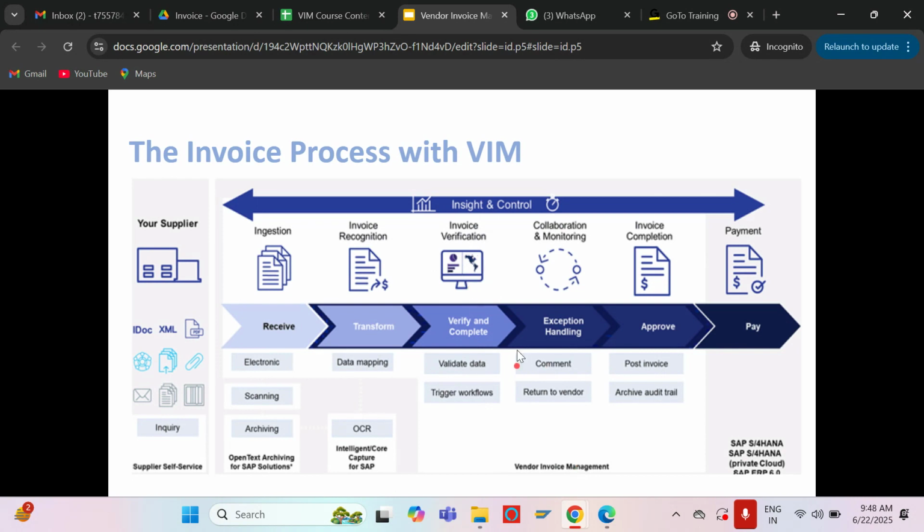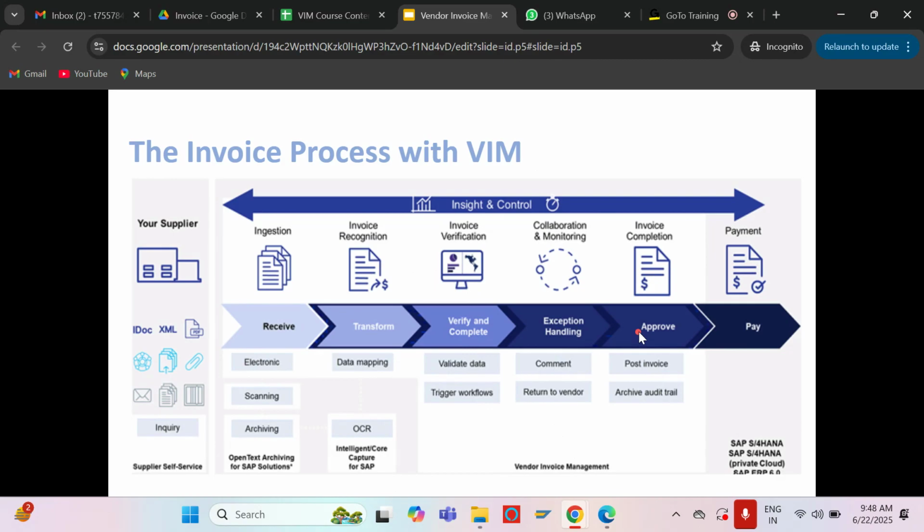Then once the verification is done, we have the exception handling. As I told, if there is any issue with the invoice, it will be routed to the particular role who will take care of that exception, or you can call it error handling. Whatever errors are there will be fixed. Once that is fixed, the invoice will automatically go for approval based on several key indicators, like the amount, cost objects and all.